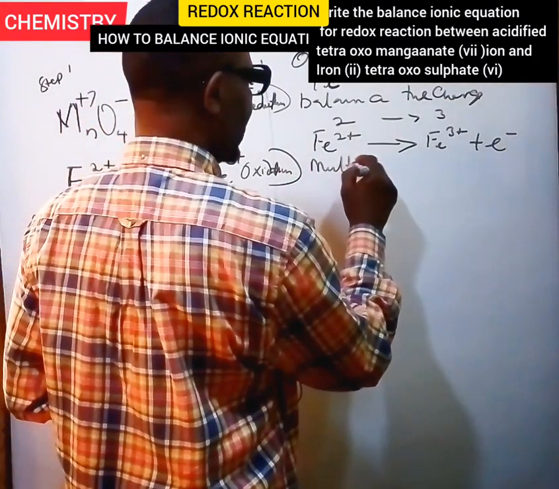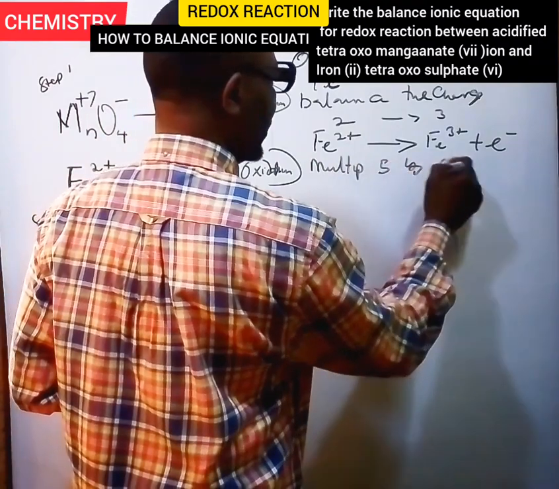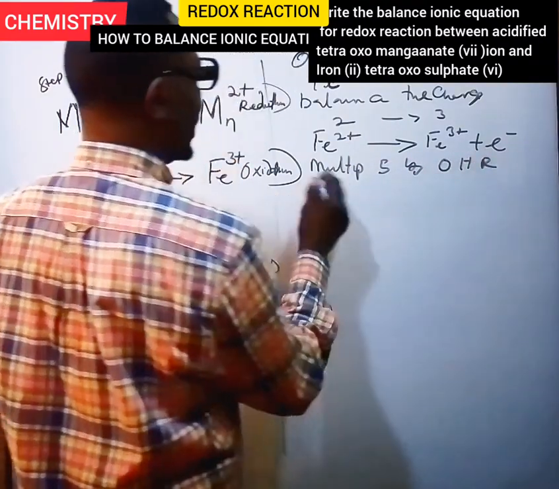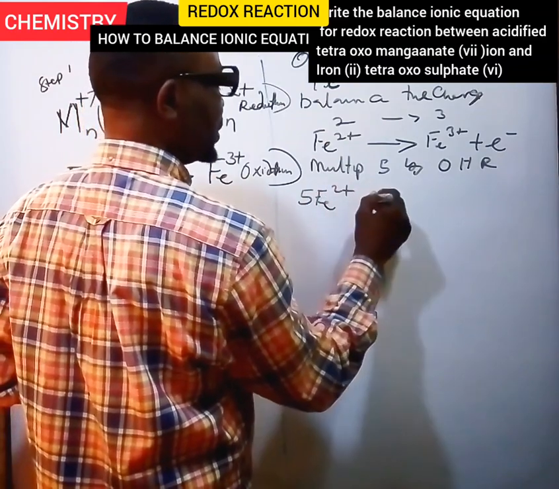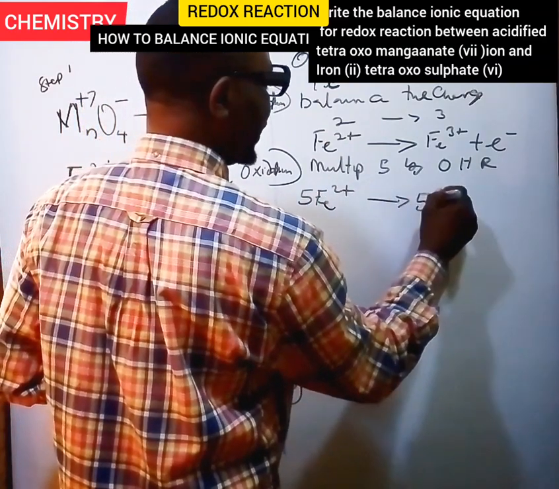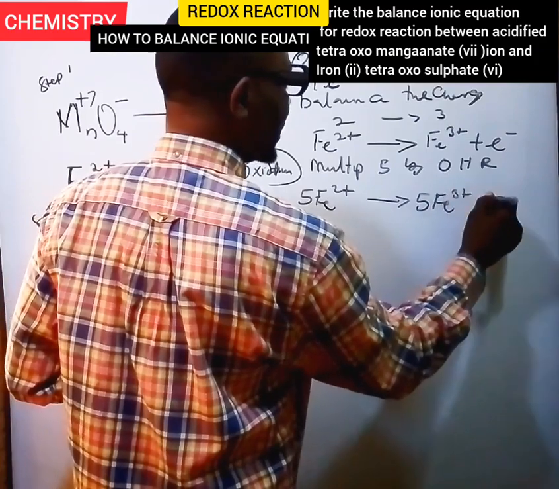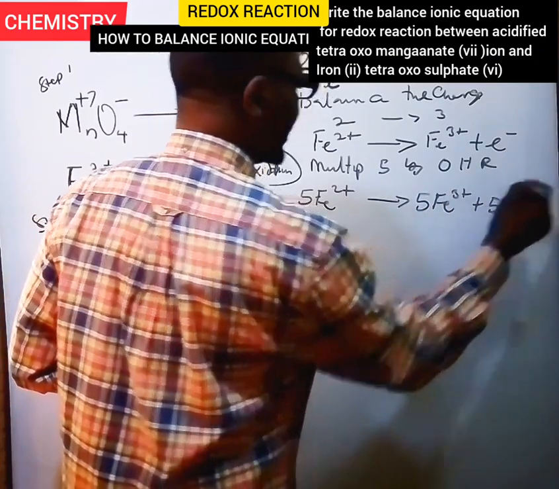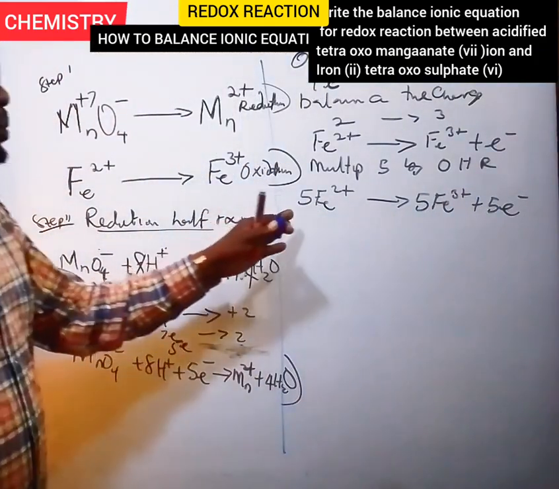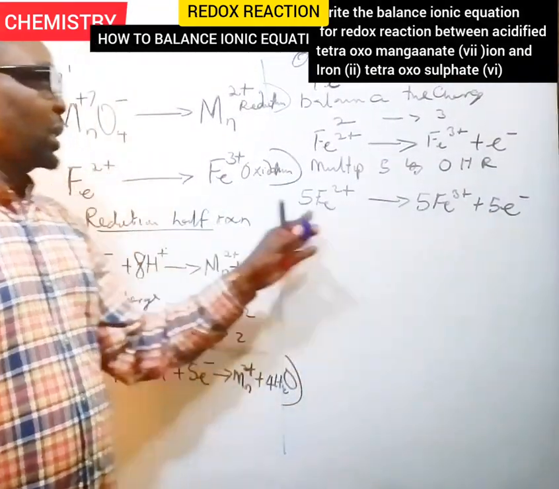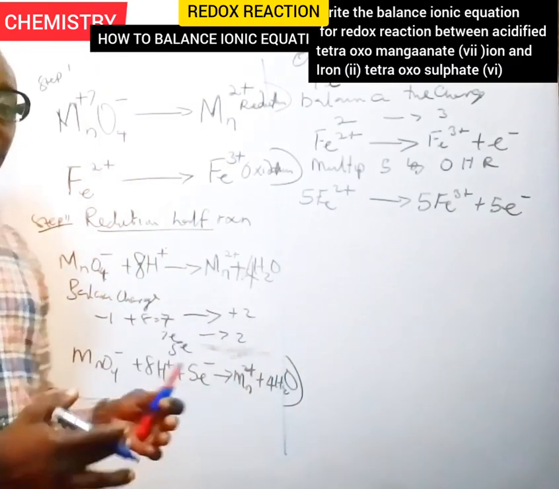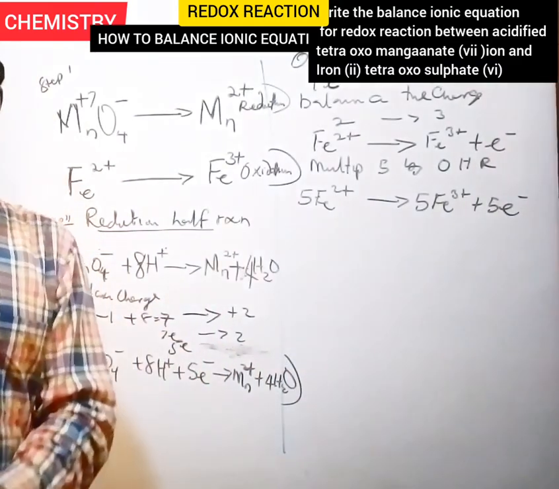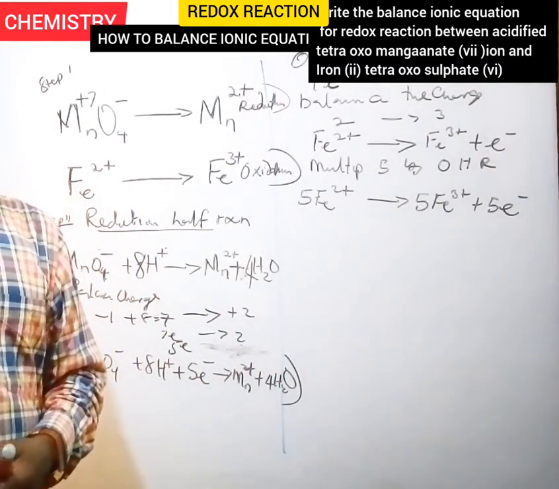So we are going to have 5 Fe2+ give us 5 Fe3+ plus 5 electrons, because we have to make sure that the number of electrons at the reactant side is equal to the number of electrons at the product side as well.